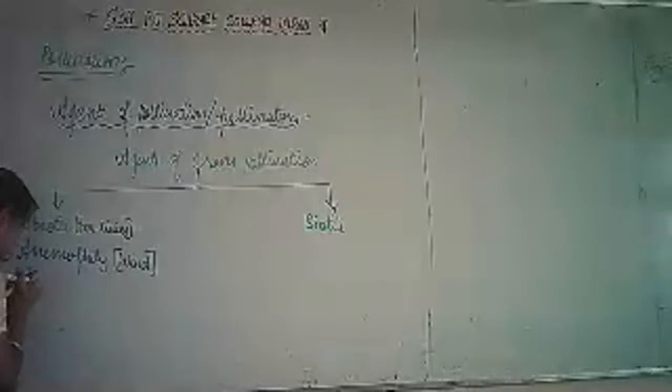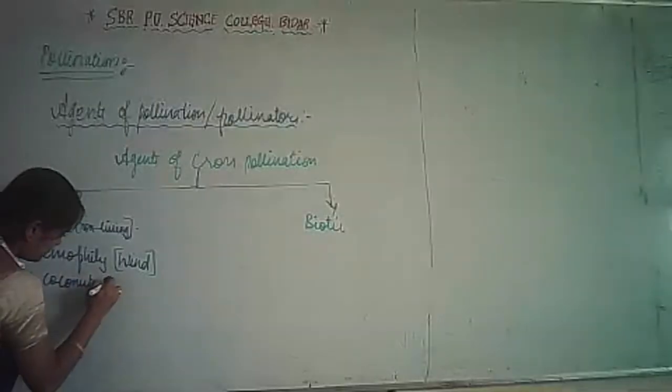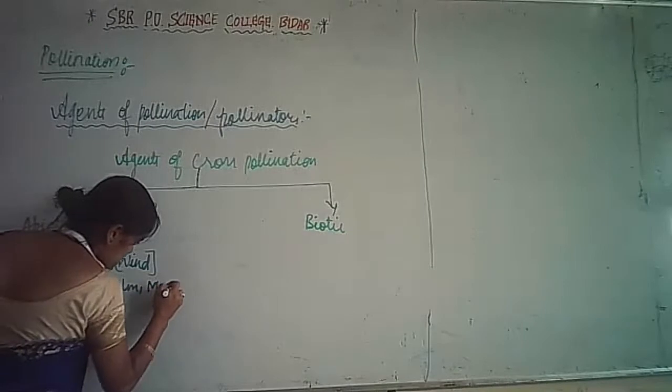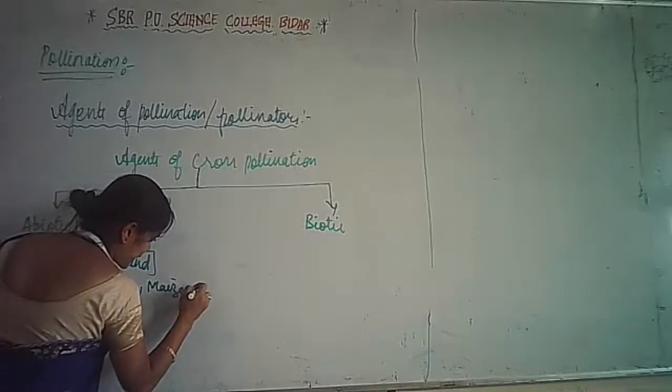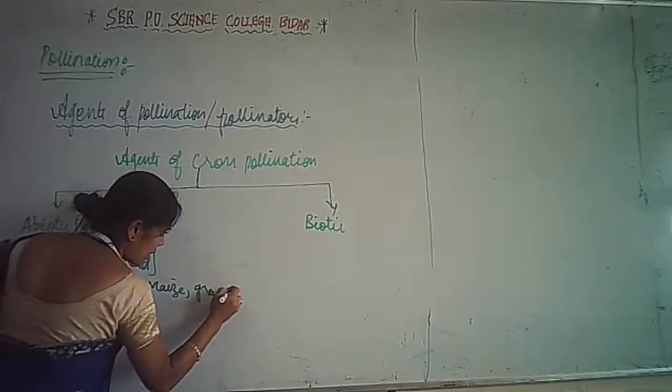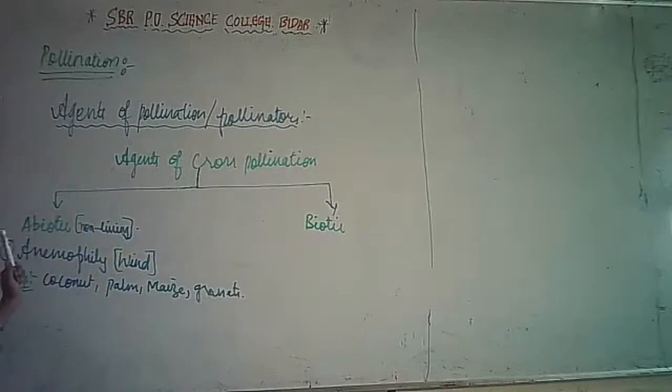Okay, so there are examples also. I'll tell you details. First, let me tell you the examples: coconut, palm, maize, grass, etc. An agent which is a non-living thing, we call it abiotic.